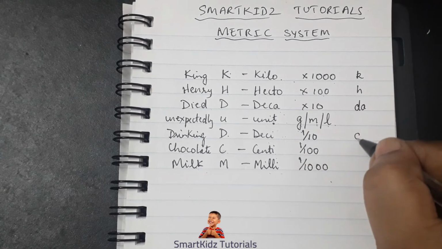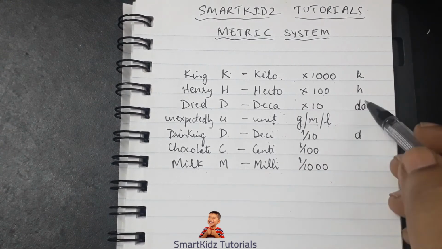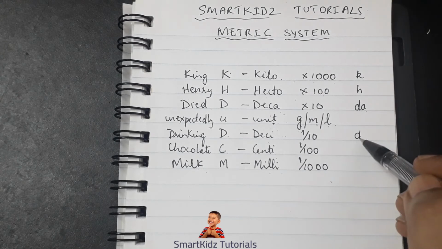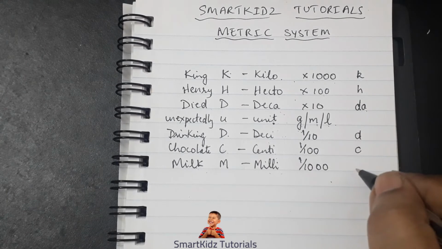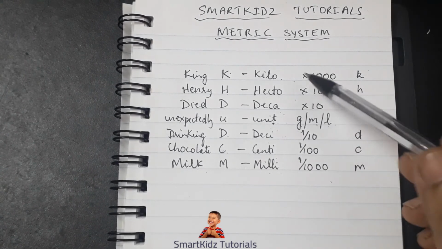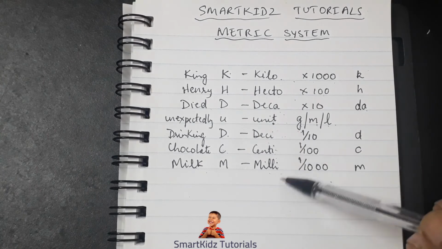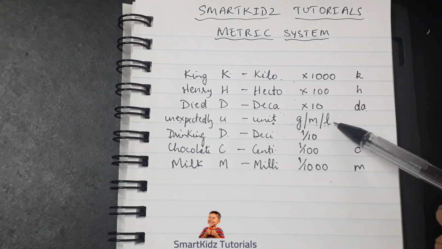Then deci with a small d. This is to differentiate between deca and deci: deca with an A, deci with just the D. Then you have centi with a C and milli with an M. So this is how we denote these additional units apart from your standard units, which are gram, meters, and liters.